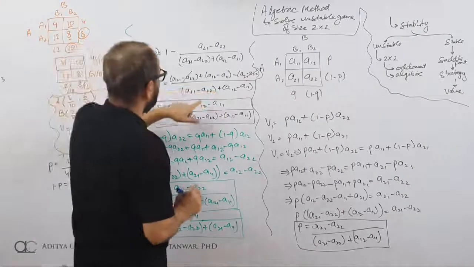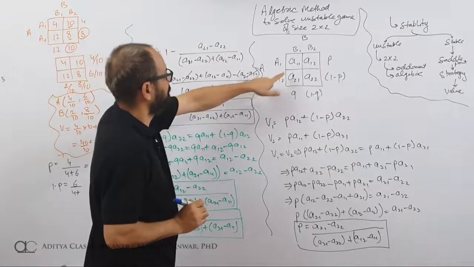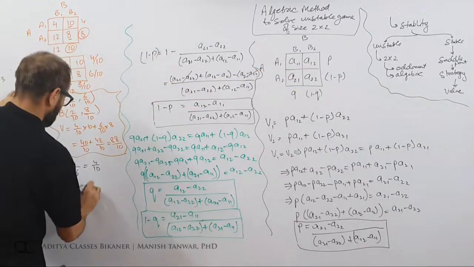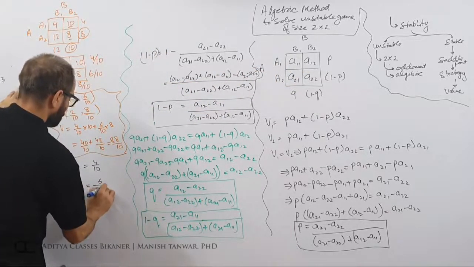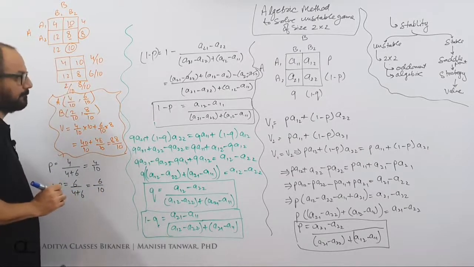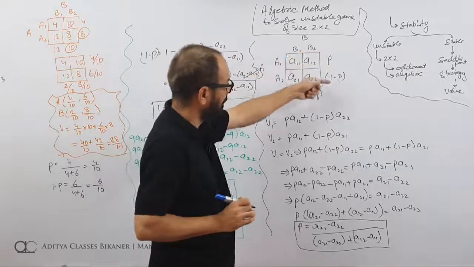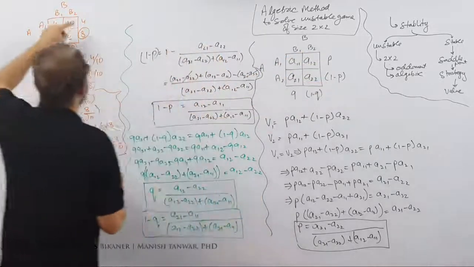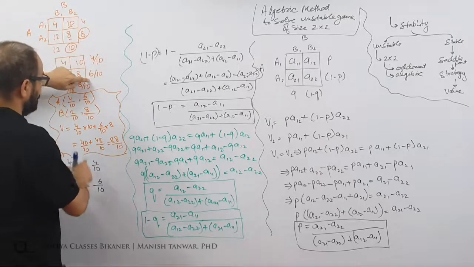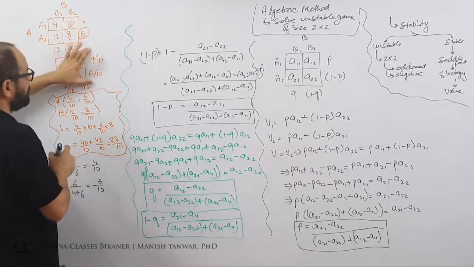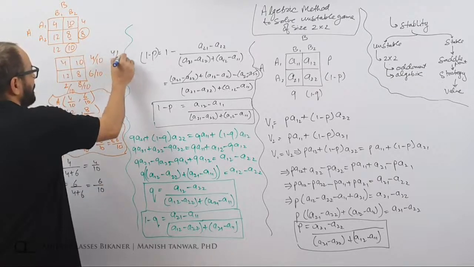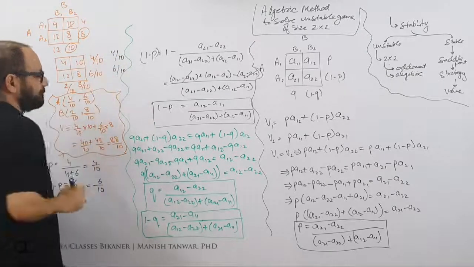And then finally we have A12 minus A11, that is 10 minus 4 is 6. So we have P and 1 minus P. The ornament method was giving me 4 by 10, 6 by 10. Even algebraic is giving me 4 by 10 and 6 by 10.